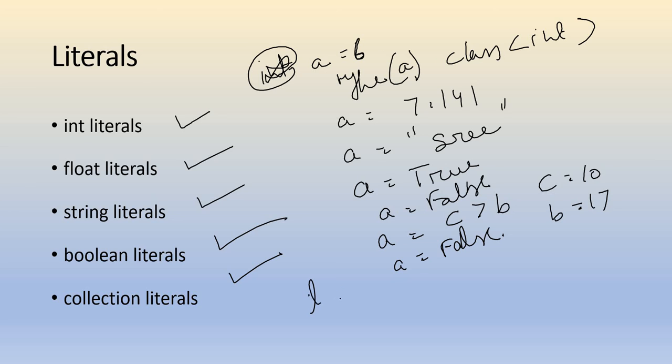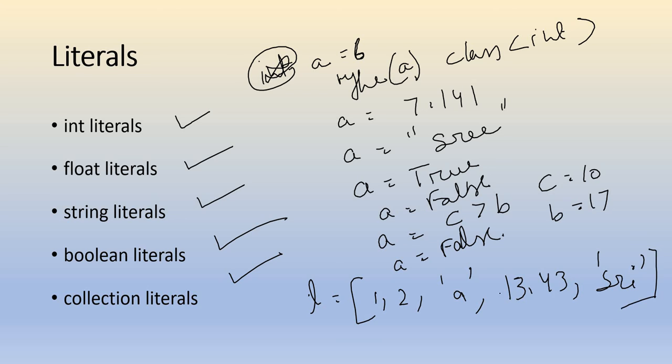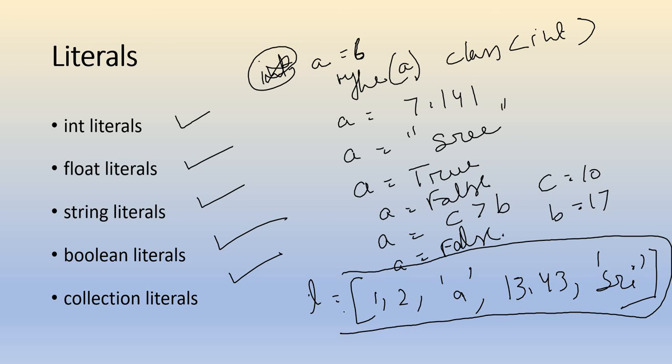They are nothing but lists. l = [1, 2, 'A', 13.43, 'sri3'], where 13.43 is a float value and "sri3" is a string literal. This is the collection literal. It contains different kinds of data types. It's a list actually, so a collection literal is normally a list which holds different kinds of data types.